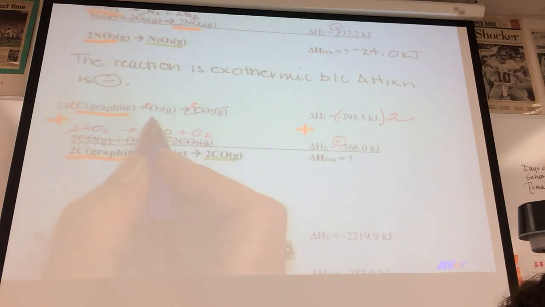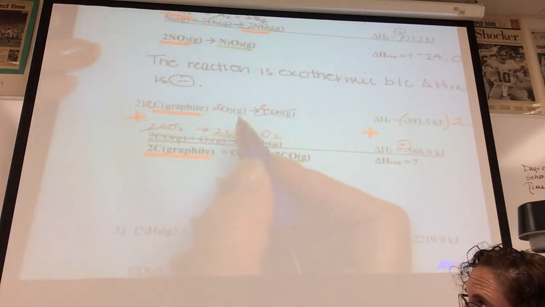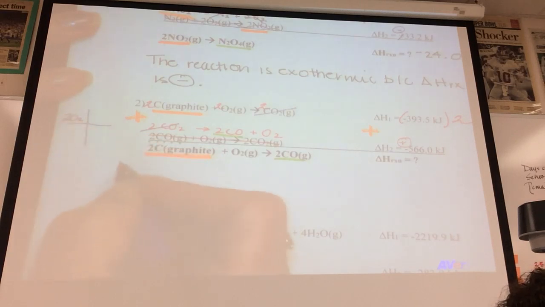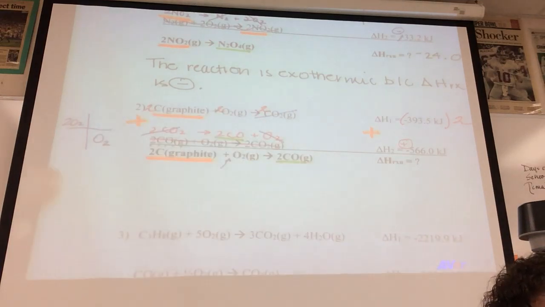I've got 2 O2s on the left. I'm going to make a little chart here because it may be easier to see. I've got 2 O2s on the left and 1 O2 on the right. 2 minus 1 is 1. So that is good. You can do this if you want to get it down, but you don't really need to.